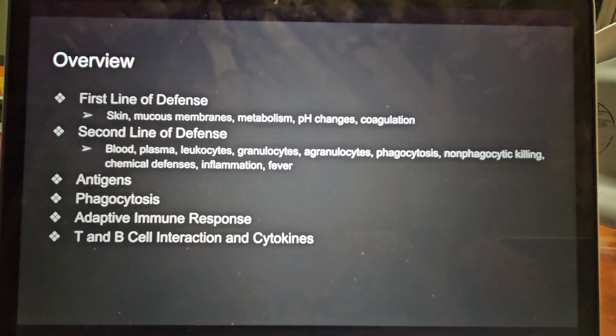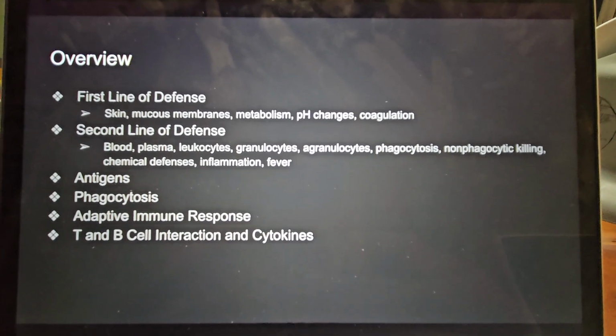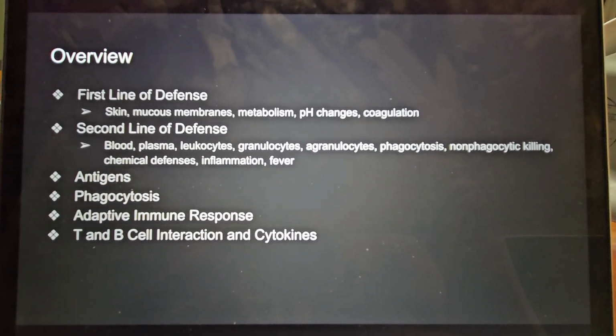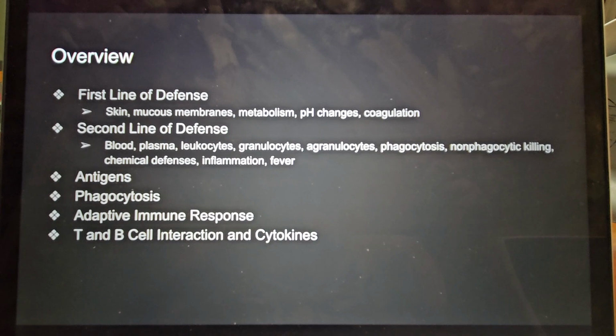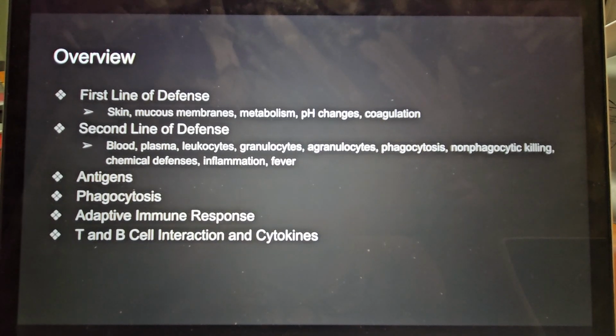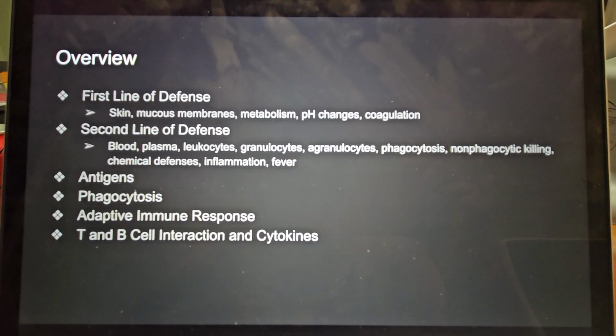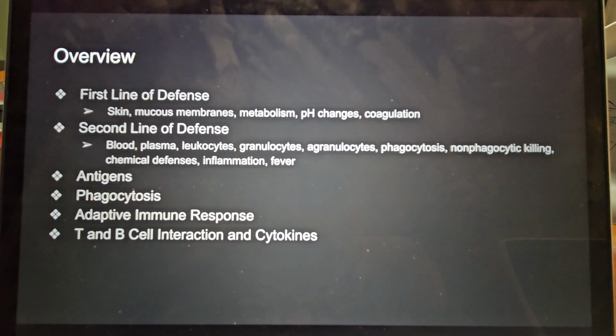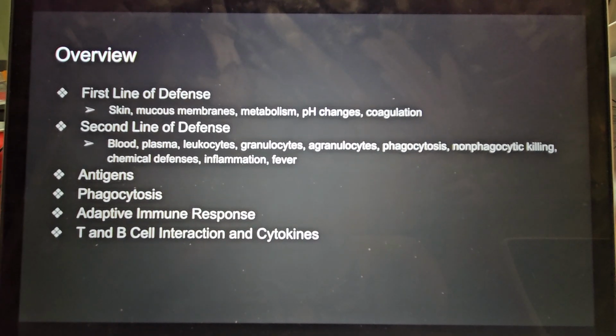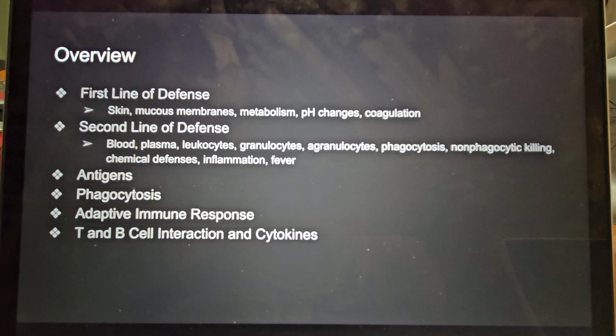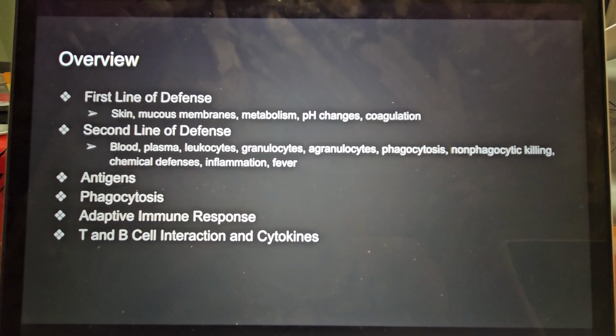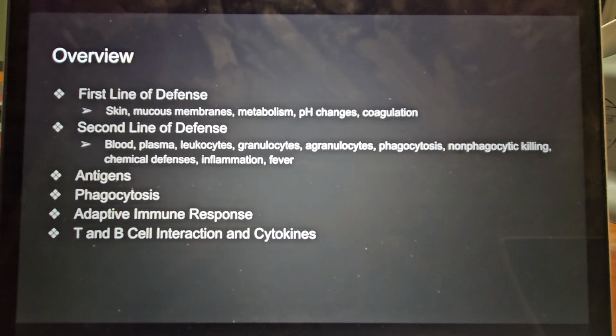With the first line of defense, we talk about skin, mucous membranes, the metabolism, pH changes, and then coagulation. Second line defense is blood, plasma, leukocytes, granulocytes, agranulocytes, phagocytosis, non-phagocytotic killing, chemical defenses, inflammation, and fever, and then the other ones we will go into more depth on.